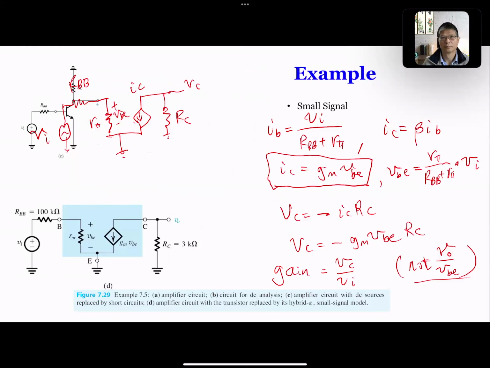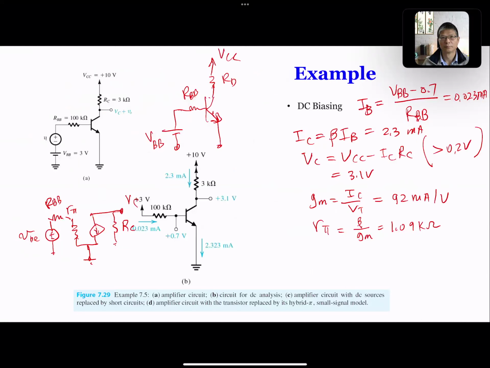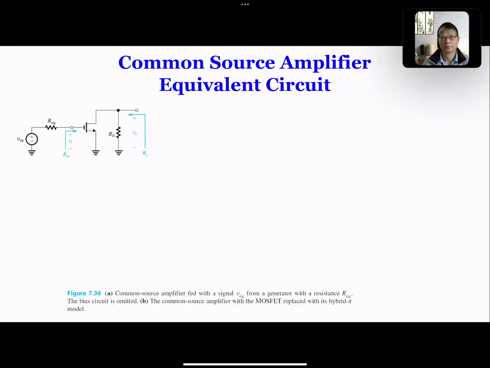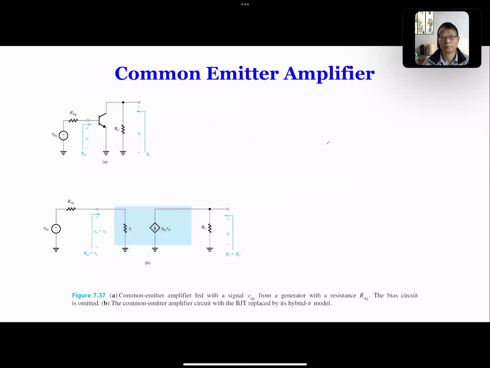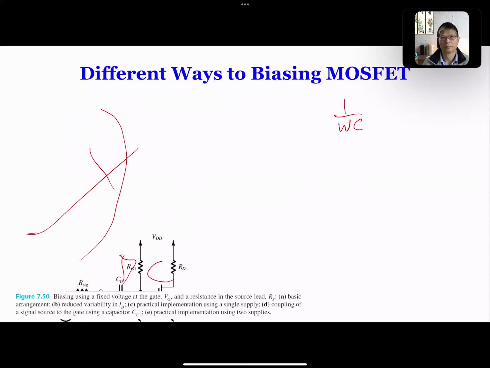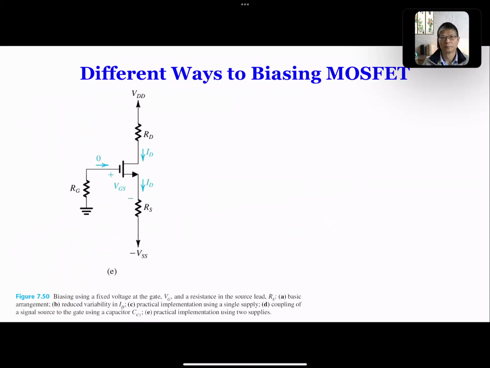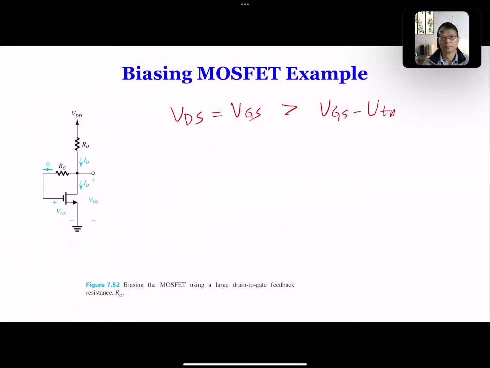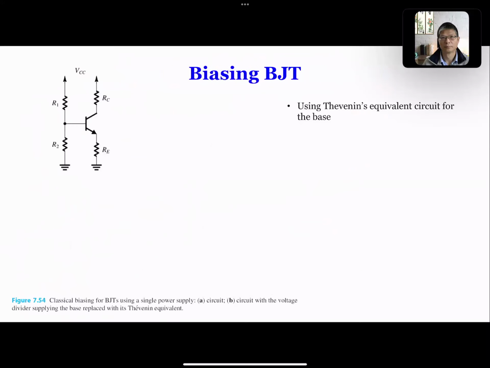We already got here. We passed this point. Okay, we're almost there. So we stopped here at how to bias a BJT.